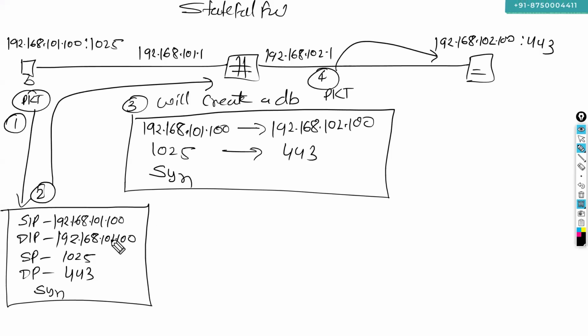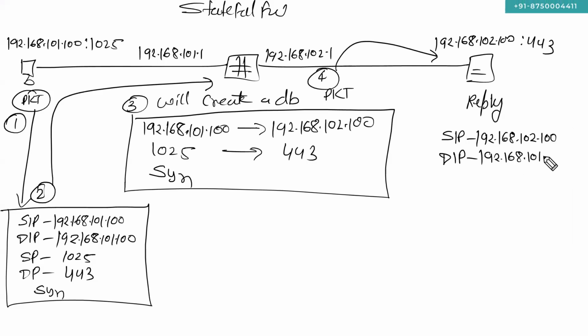Now the server has received a packet. What will the server do? The server will give a reply. In the reply, the server will create a packet, and in the packet the source IP will be 192.168.102.100. Destination IP will be 192.168.101.100, and then we have the source port.